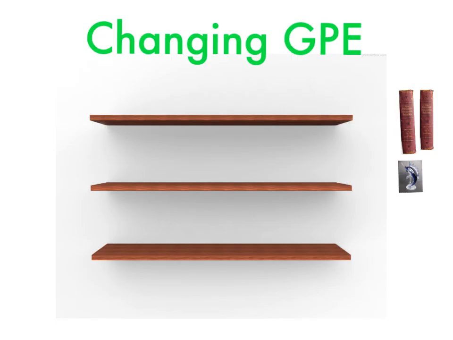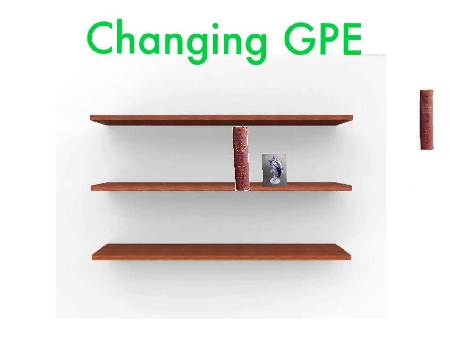The next one says changing gravitational potential energy. Letter A says if 2 objects are at the same height, so like our book and a paperweight here, the one with more mass has more gravitational potential energy.